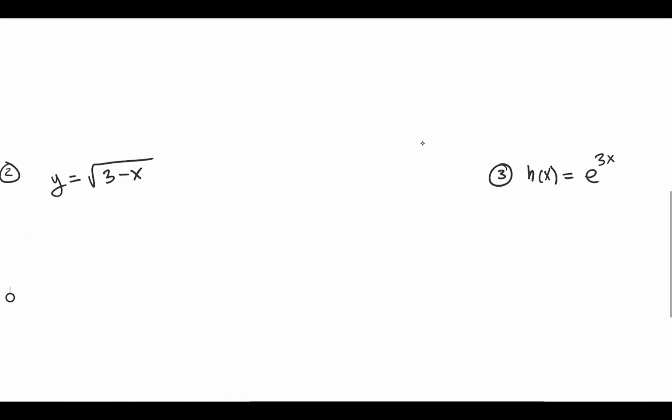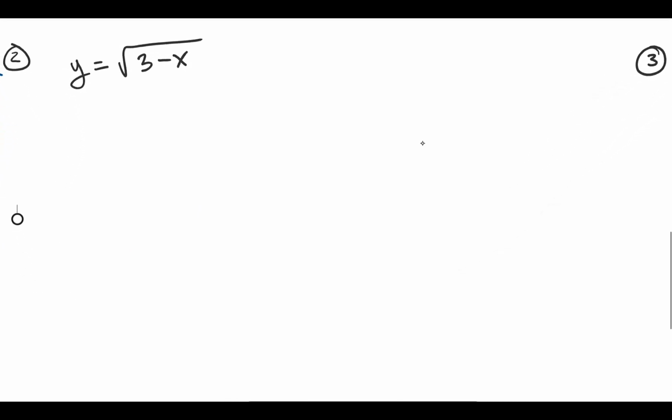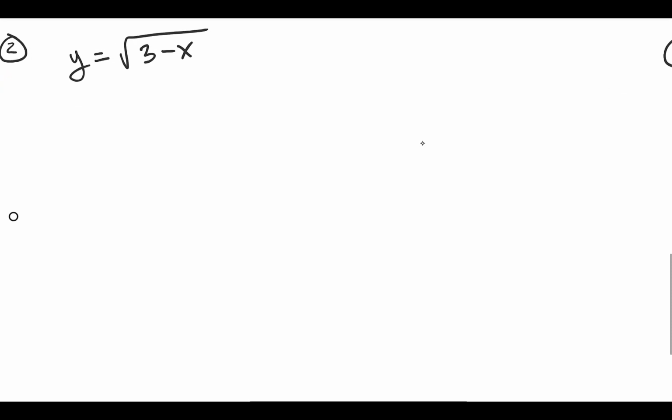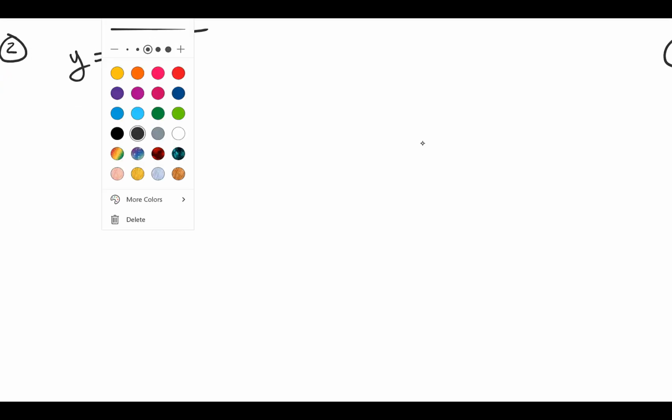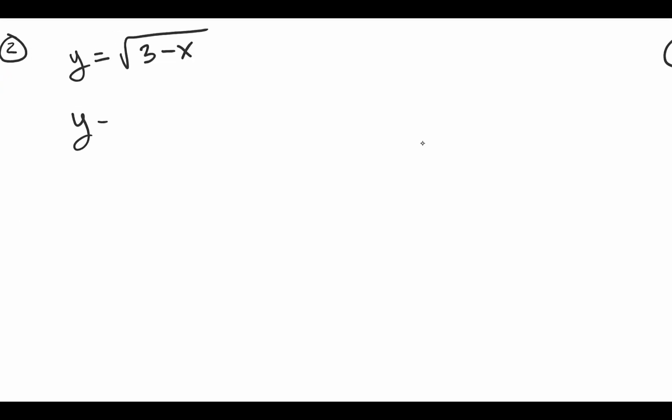Here's number 2. Immediately I look at this and I don't like it, but that I can deal with. So our inside, our g, is 3 minus x.